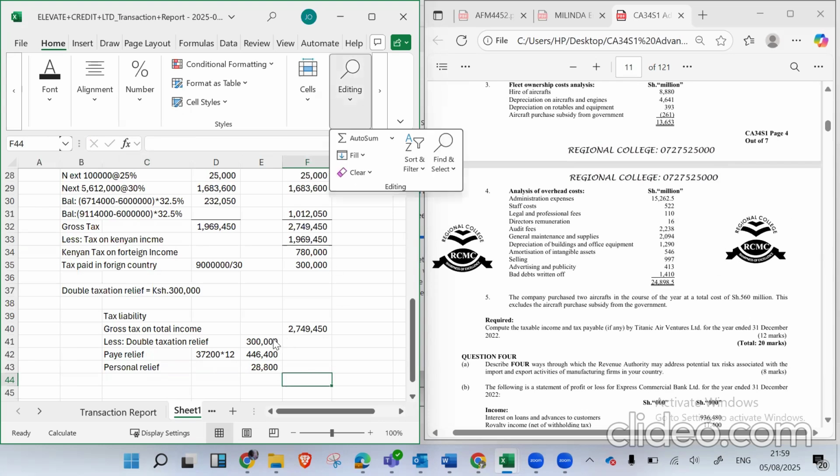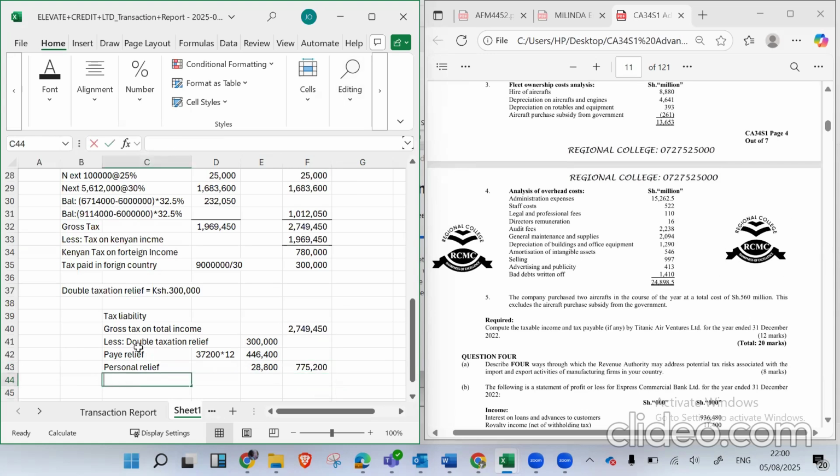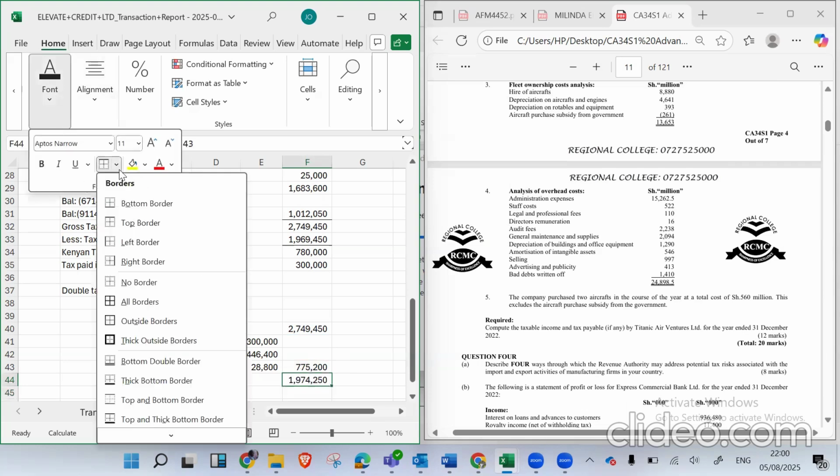So therefore we have tax payable, ama tax liability, which will be this minus this. So hiyo ndio tax yenye amelipa kwa income zake zote, both in Kenya and in country Z.